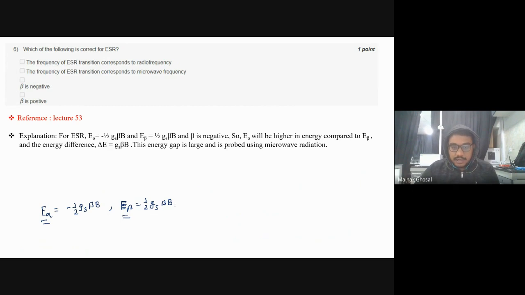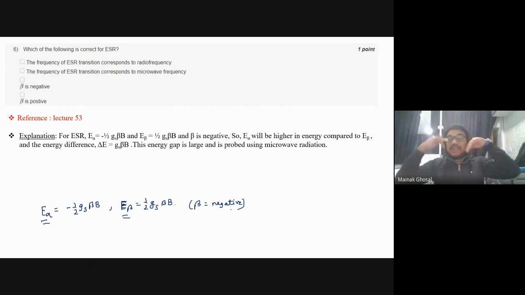Fine. Now, what is the difference of energy, delta E? First you need to know which one is of higher energy. Then you will find what the difference of energy is. For this, the information provided is that beta is negative. For electron, beta is negative.